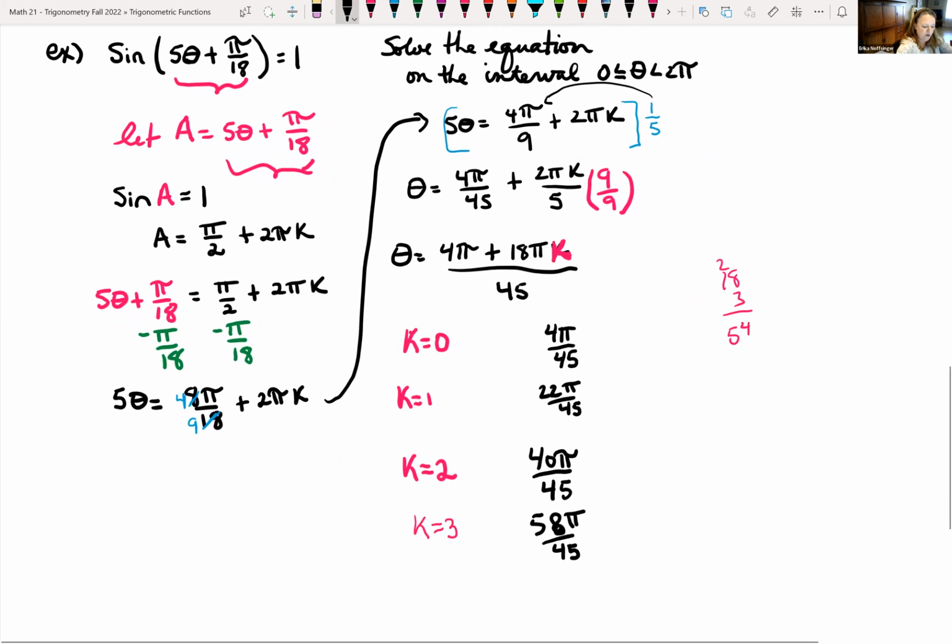I know it's not going to work when that numerator is above 90 pi, so we have to keep going.